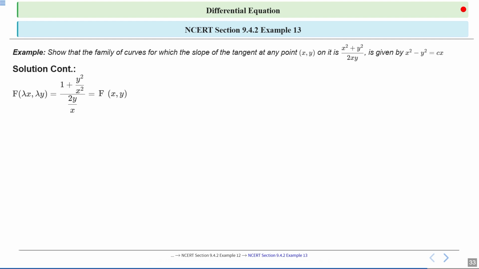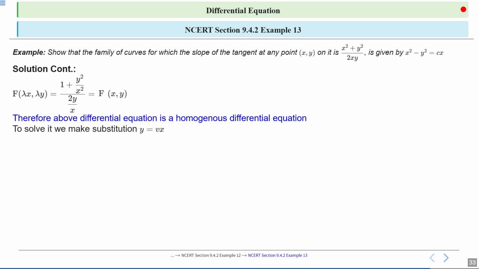So we get f(lambda x, lambda y) is equal to 1 plus y square by x square by 2y by x, and that is your function f(x,y). So we get lambda to the power 0 into f(x,y). Therefore, our differential equation is a homogeneous differential equation.